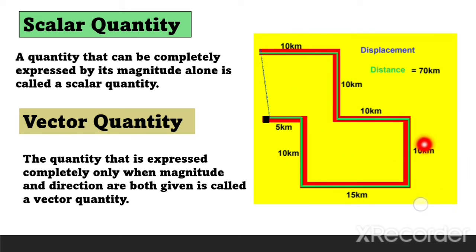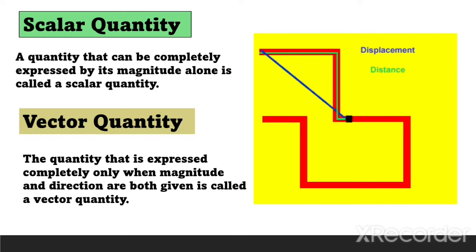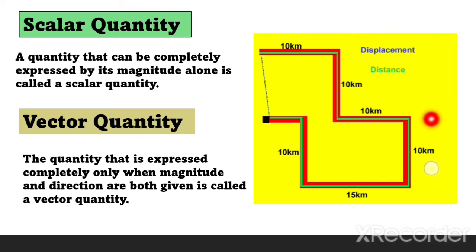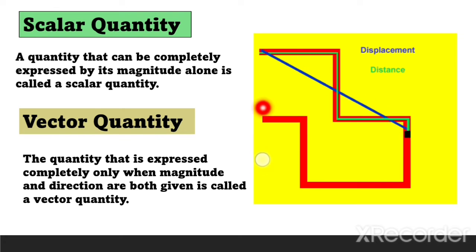Here you can see the total distance covered by the object is 70 kilometers, and the displacement is only 14 kilometers. Wherever that object goes, every time the displacement is changing, because displacement depends on direction. Displacement means the shortest distance between the initial and the final position of the object.